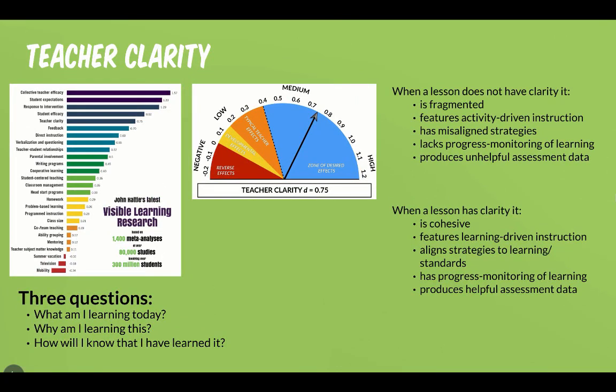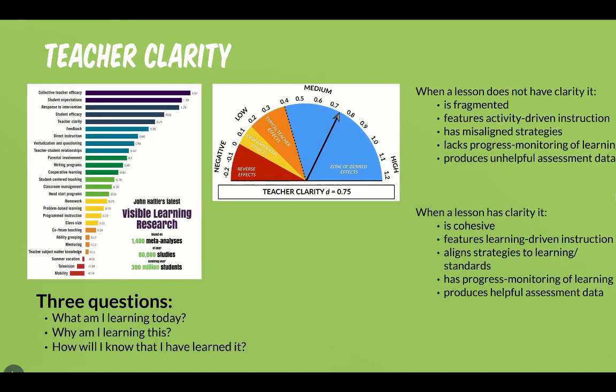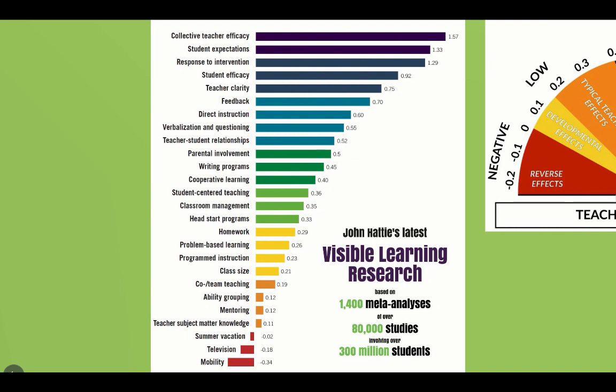So the first three questions on the walkthrough document really entail teacher clarity, and teacher clarity is very important to whether or not student learning is going to occur in a classroom. To prove that point, we can look at John Hattie's research, and if you look about 5 down from the top, teacher clarity is ranked near the top at an effect size of 0.75.